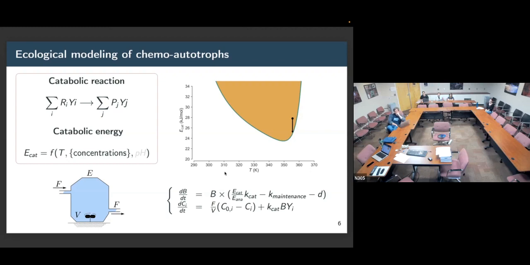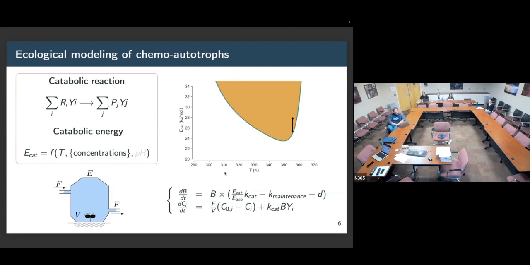And from analyzing the system of equations, we can draw a map of the conditions in terms of the energy as a function of concentration and temperature. I forgot to mention that those rates, the catabolic and maintenance rate, are expected to be functions of temperature as well, which is shown here.